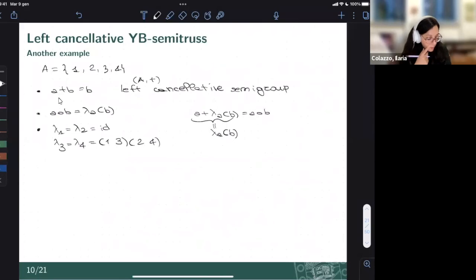So what else do we need? We define an addition and multiplication, the lambda maps, and we can define the rho map.